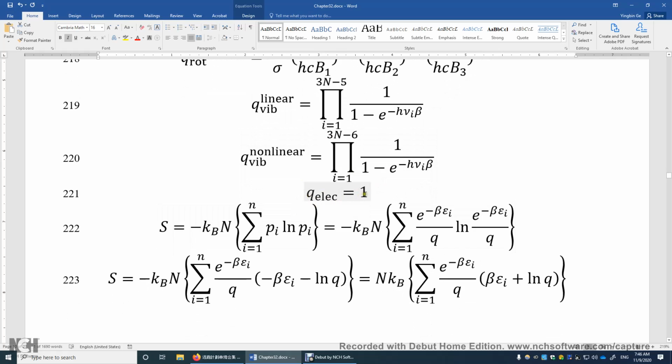I'm going to just assume it's 1. Even for the oxygen molecule, we're going to just assume it's 1. I know at 0 K, the ground electronic state of an oxygen molecule is a triplet.